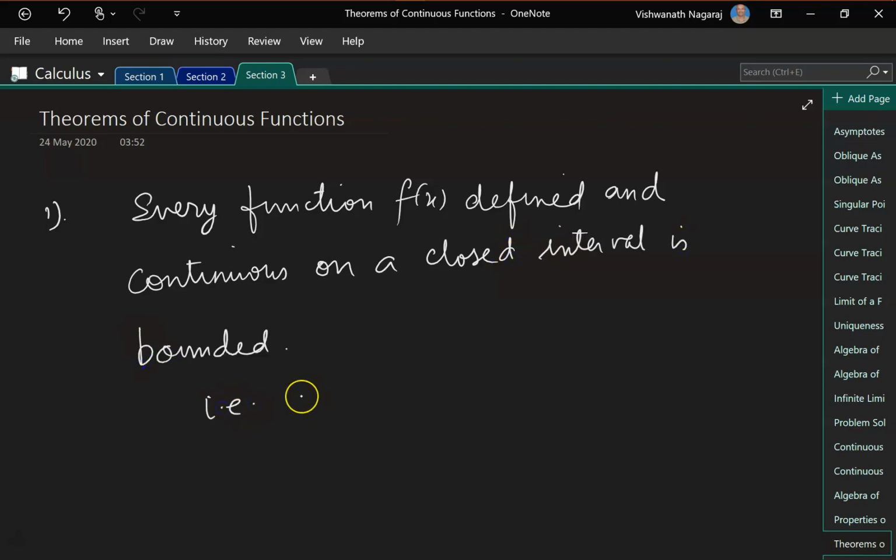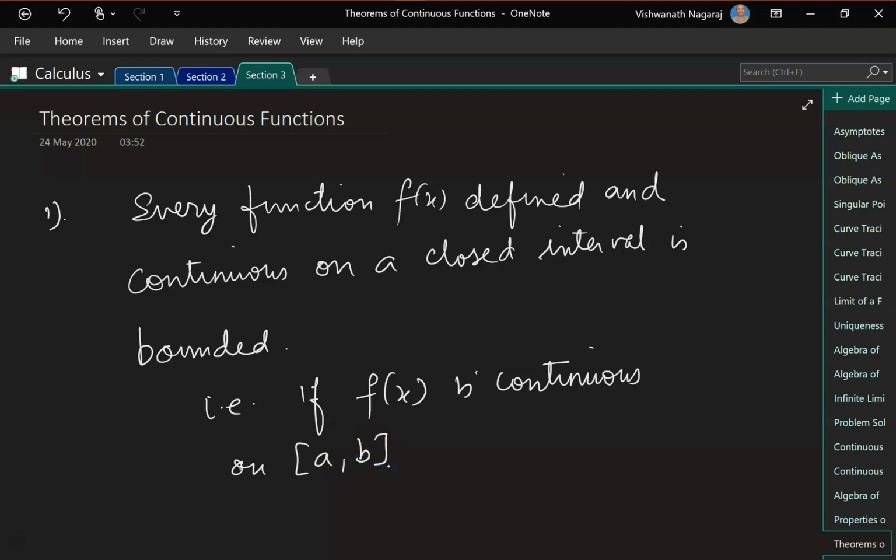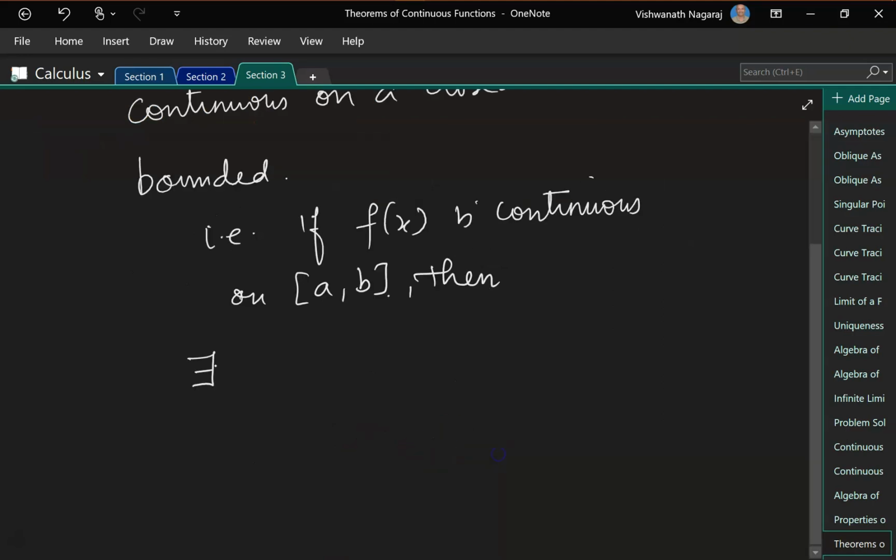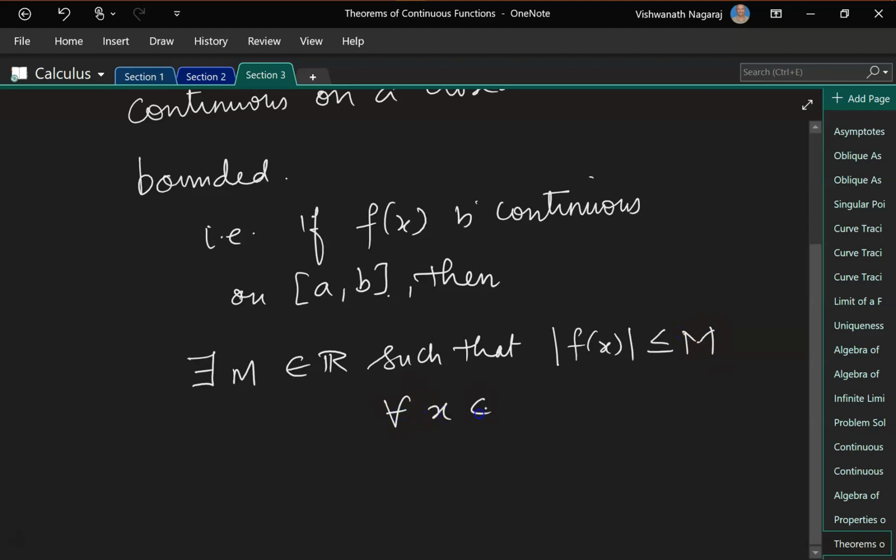That is, if f(x) is continuous on the closed interval [a, b], then there exists M belonging to the set of real numbers such that the magnitude of f(x) is always less than M for all x belonging to the closed interval [a, b].